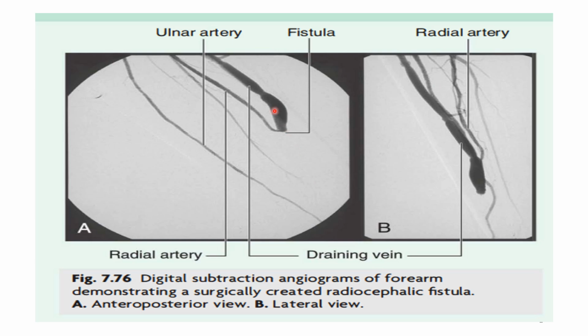This is the radial artery and this is the draining vein, the cephalic vein. Between these two a communication is created. This is called a fistula, a communication between the artery and vein, here a radiocephalic fistula.